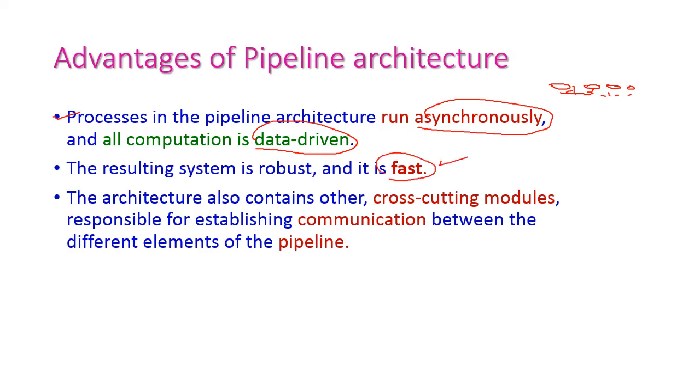The pipeline architecture also contains other cross-cutting modules, which are responsible for communication between the different elements of the pipe, right? So the cross-cutting modules are used to communicate between the different layers by using the pipelines.